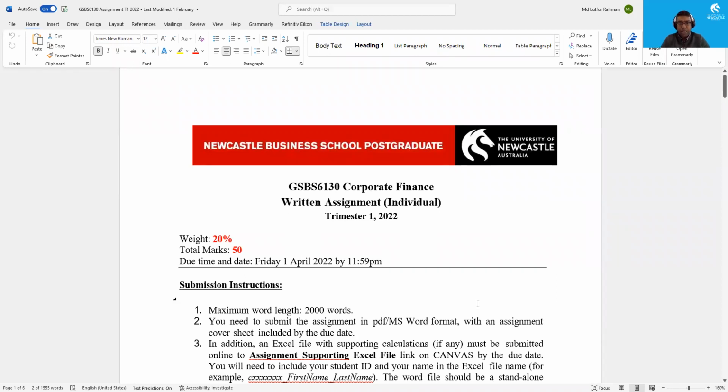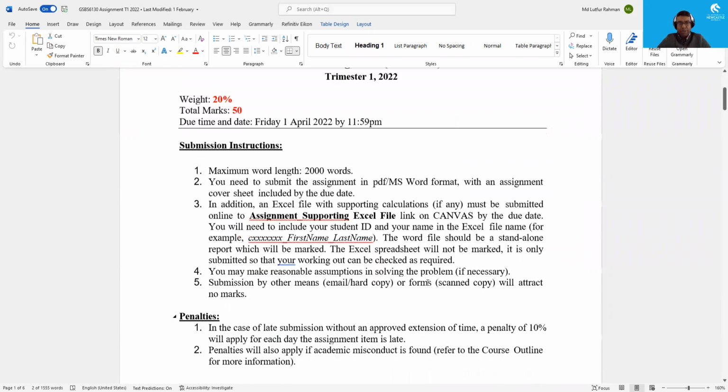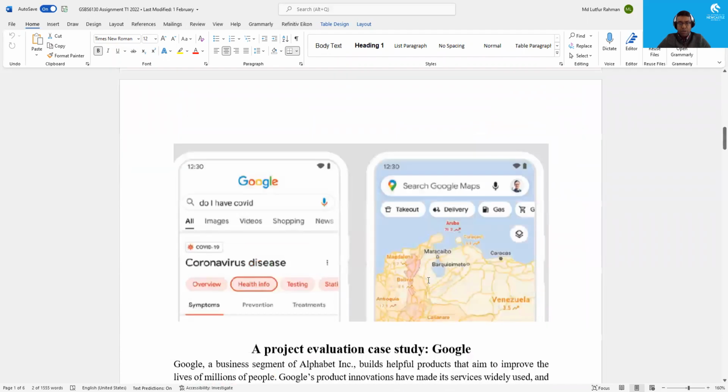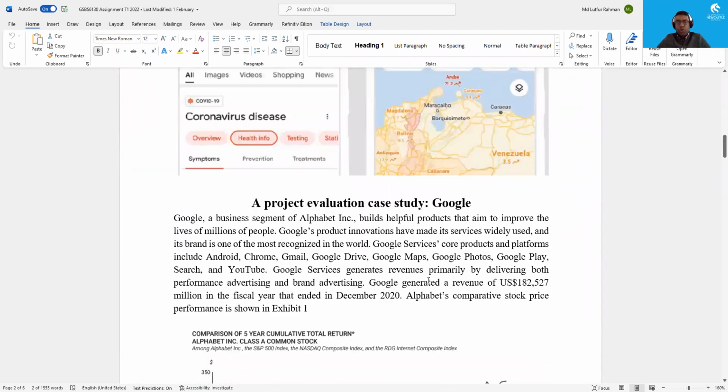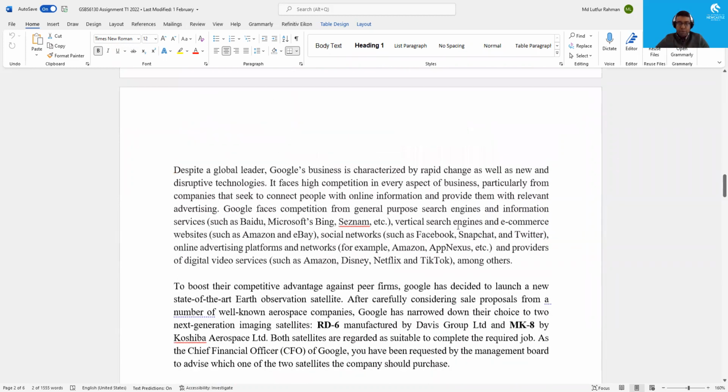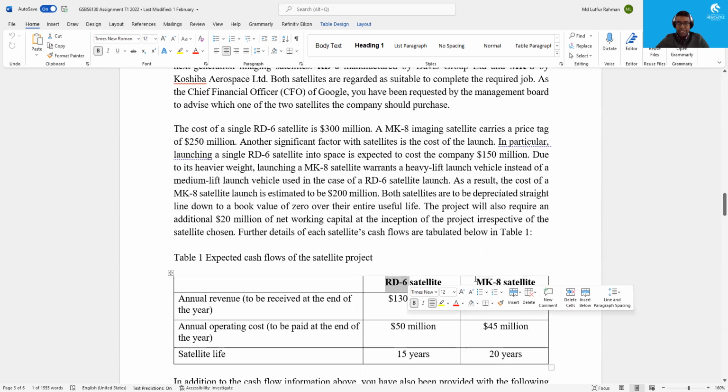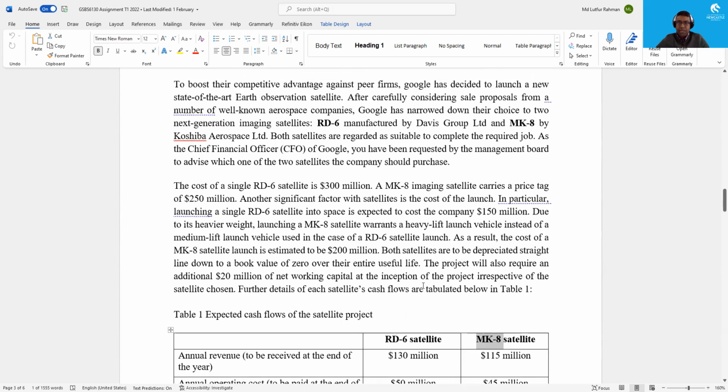I'm not going to spend much time on this assignment document or the initial problem because by this time you are all aware what the problem was all about. Google, a business segment of Alphabet Incorporated, is considering a new satellite project. They have two alternative options: one is RD6, another is MK8.